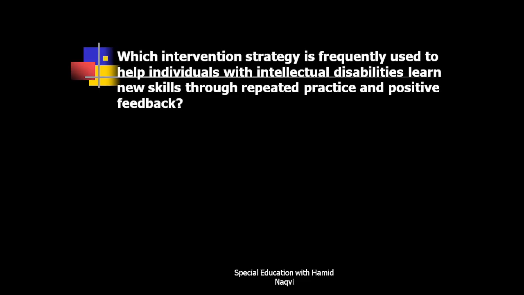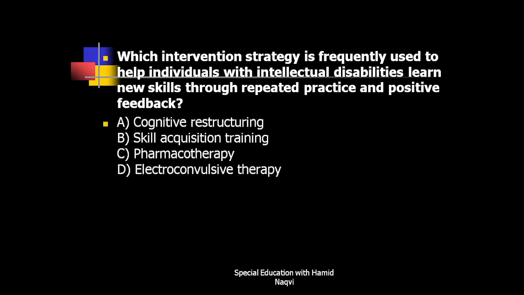Next is which intervention strategy is frequently used to help individuals with intellectual disabilities learn new skills through repeated practice and positive feedback. Cognitive restructuring, skill acquisition training, pharmacotherapy, electroconvulsive therapy.